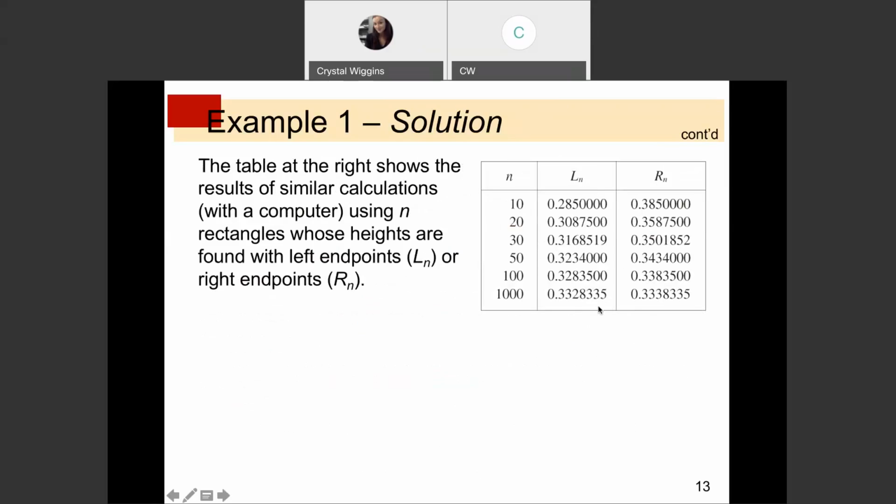Okay, if we use 1,000 rectangles, notice that the gap is almost non-existent. We have to go to the third decimal place to find a difference. And that is essentially exactly what Riemann sums do. Right now we are just in the estimation phase, so we are going to stick with an integer number for n, but when we do full-on integration, we will be setting that n to go off to infinity, to be an infinite number of rectangles, which then is exactly the area under the curve, which is the definition of an integral, which we will discuss as chapter 5 progresses.